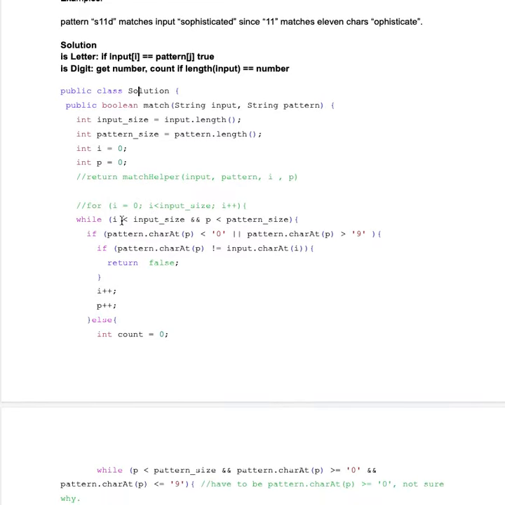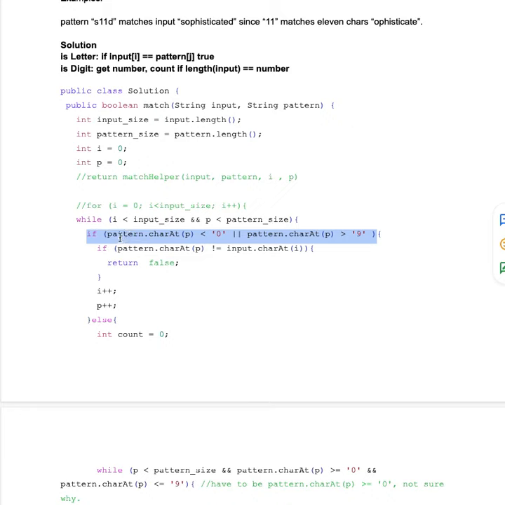When I is smaller than input size and P is smaller than pattern size, we check if the pattern char array char at the index letter is smaller than 0 or bigger than 9. So this sentence means if this is not a digit.